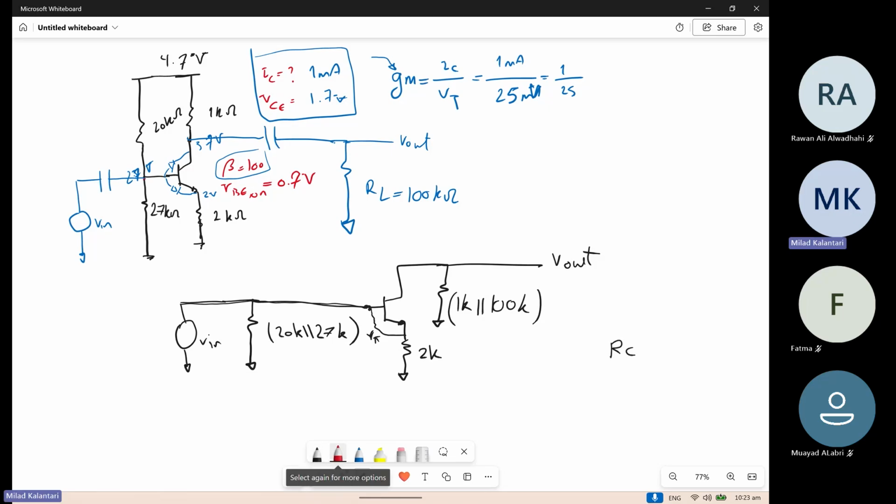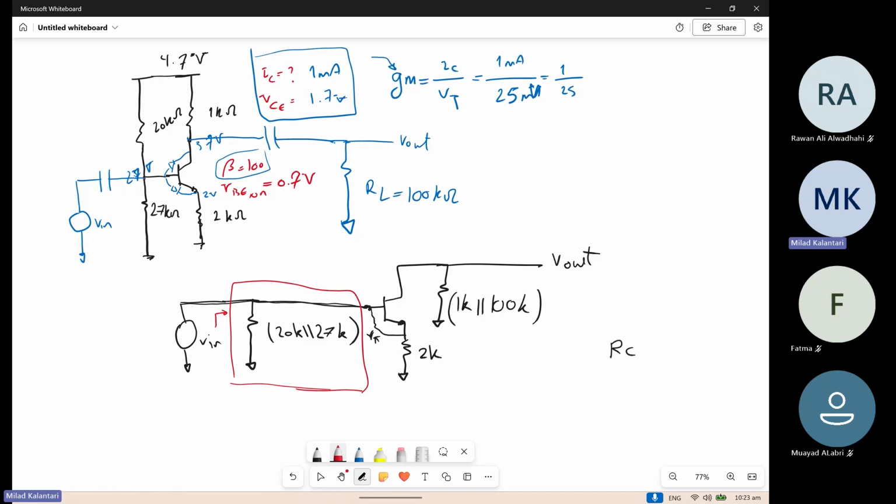These two resistors are just something in parallel at the beginning, but don't do anything for the gain. They change the input impedance that this V in source is seeing. Everything seen from the device will be in parallel with 20K and this term, right?